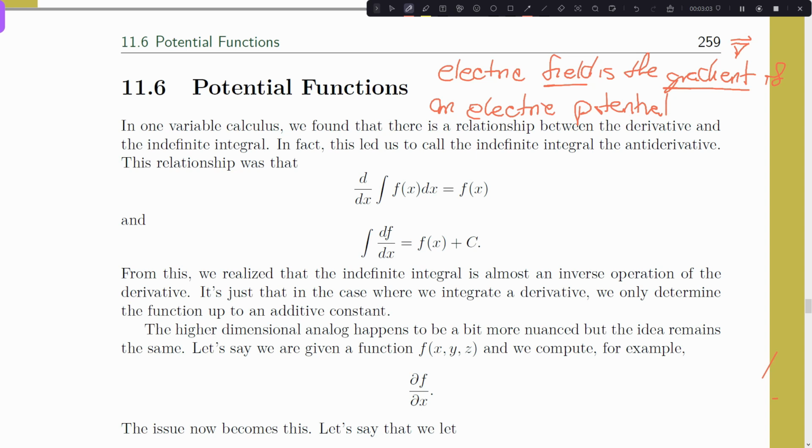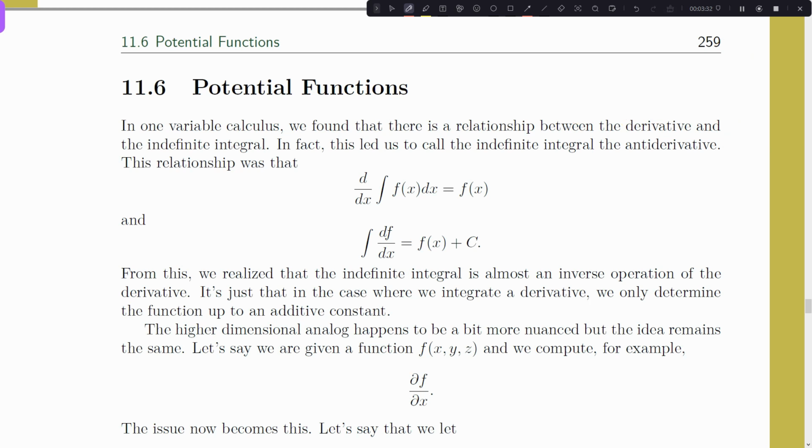So if it's the derivative of some potential, that potential is a scalar field, which then creates the field if you were to look at how the scalar field changes over space. And that's where our words electric field and electric potential come from. Or vice versa. That might be why we have the names potential functions here.